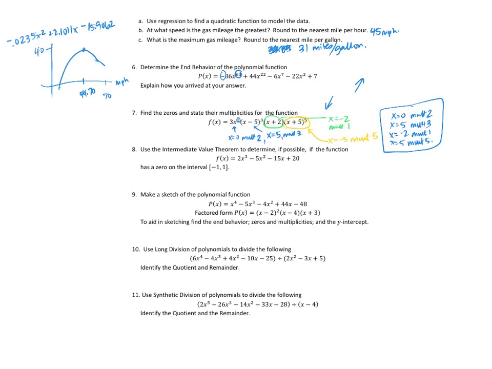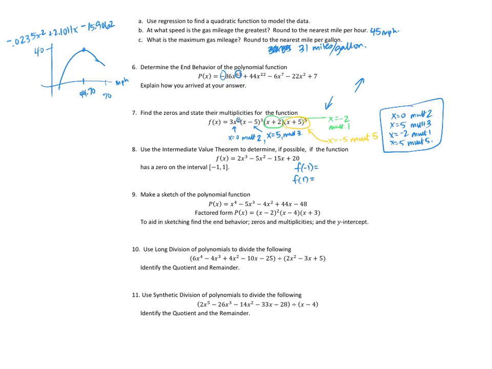Use the intermediate value theorem to determine, if possible, if that function has a zero on the interval -1 to 1. Okay, and so what I want to do is look at f of -1 and f of 1 and see what we get.